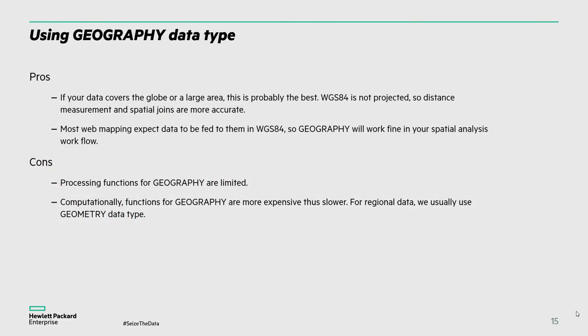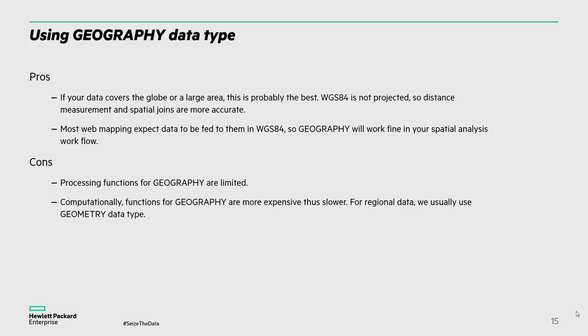To use the geography data type, there are pros and cons. If your data covers the globe or a large area, then when you do the calculations, you want to consider the curvature of the Earth. Because WGS84 is non-projected, for distance calculations and intersections it's more accurate than projecting to a plane coordinate system.